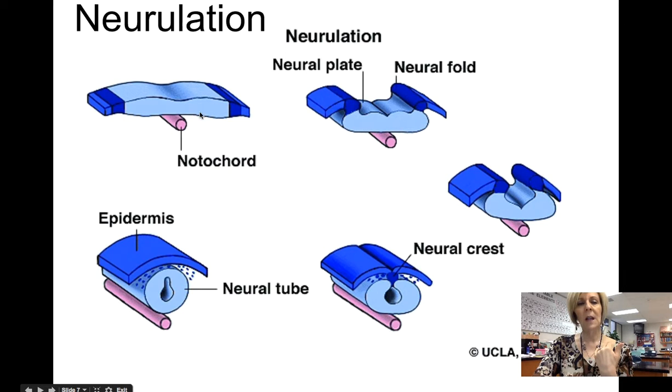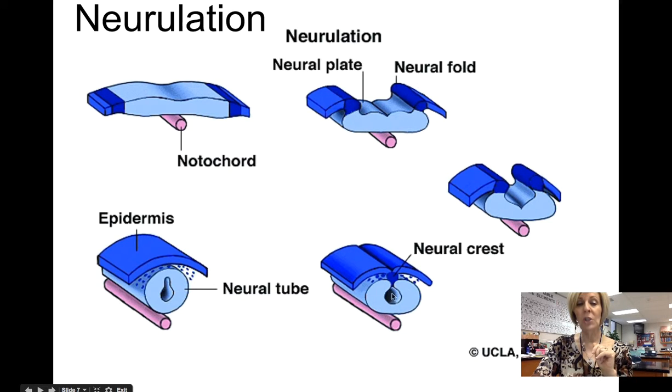The tissue that lies over it is induced, so this notochord induces, or kind of bosses, this tissue to begin to fold up and form a little tube, and we call this the neural crest, and it forms a long hollow tube that goes all the way up and down the length of the organism.